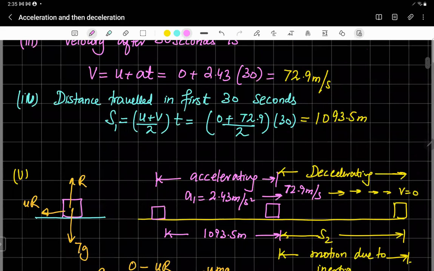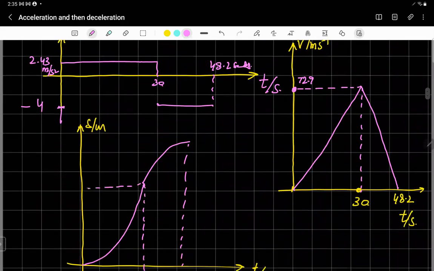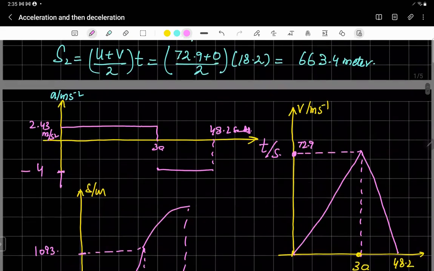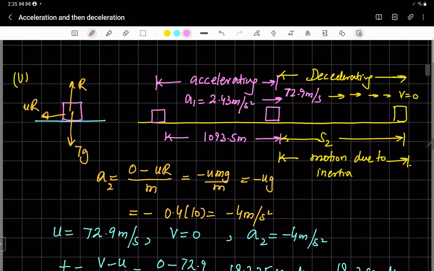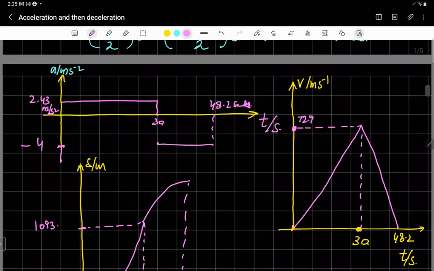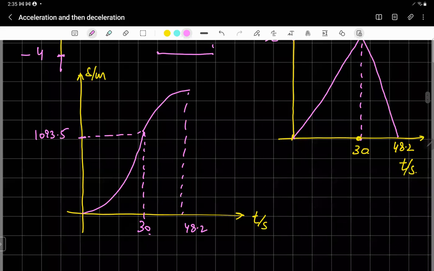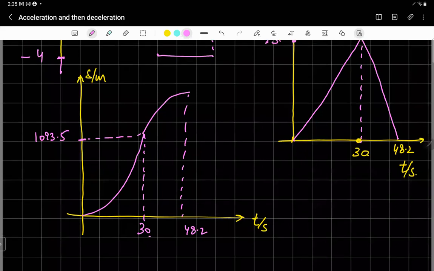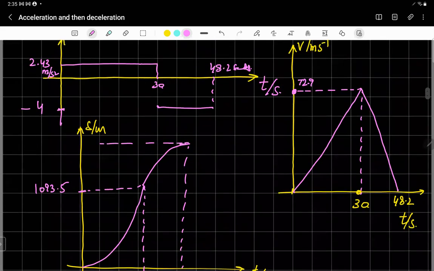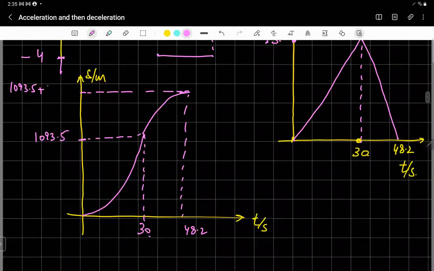And over here, the first distance traveled was 1093.5. And then please add 1093.5 and 663.4.